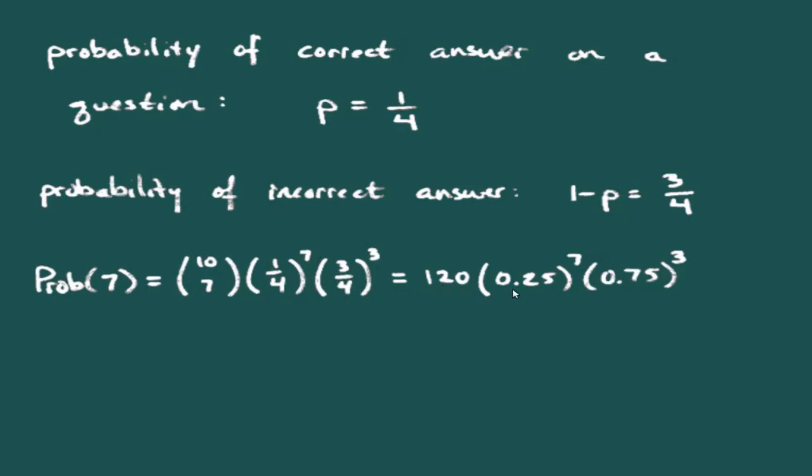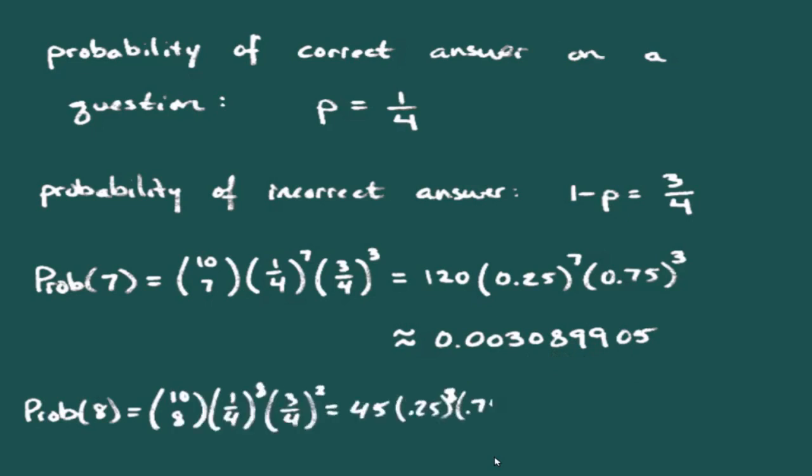The 1/4 we can make a decimal 0.25, and 3/4 we can make a decimal 0.75. If we plug all of those numbers into the calculator, then we should get something that's approximately 0.0030899905 for the probability of getting 7 questions correct.